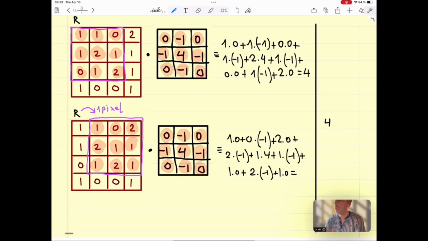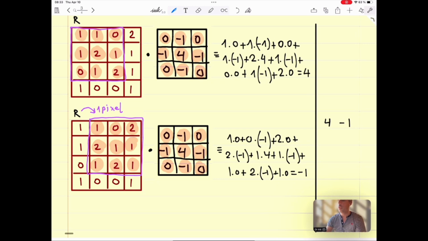If you do that, 0, minus 1 multiplied by 2 is minus 2, plus 4 is 2, minus 1 gives you minus 1. So in total it gives you minus 1.